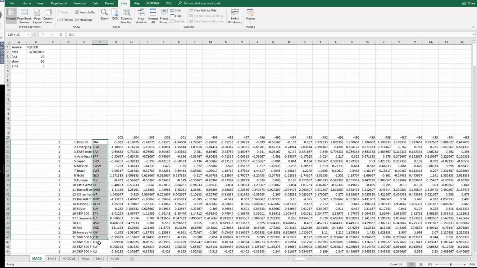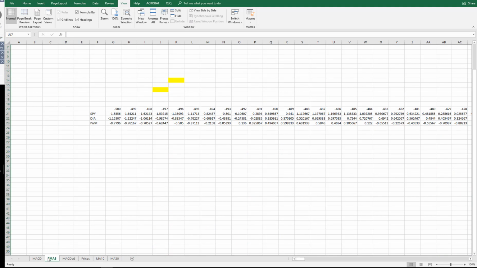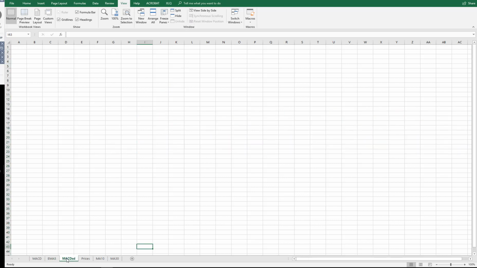So later on, I can put filters on here and just select these different subsets of populations for the MACDs. What I'll do next, and this is still work in progress, is build out the EMA 5s and then find the standard deviations of those data so that I can start building all of the pieces that I need to recreate these charts.